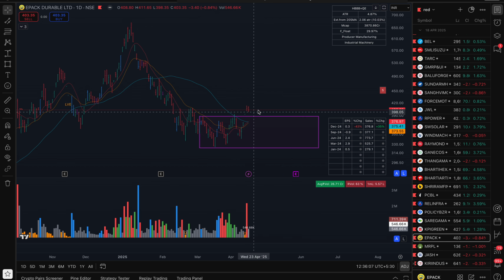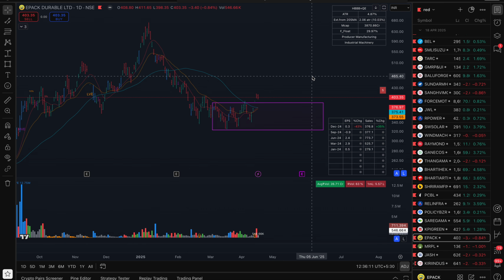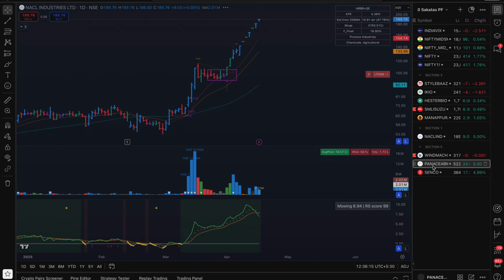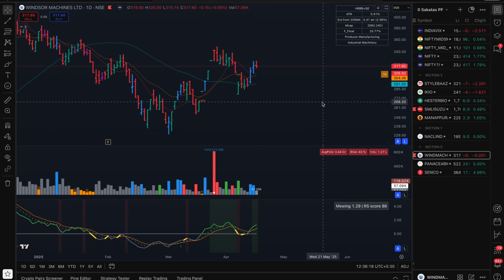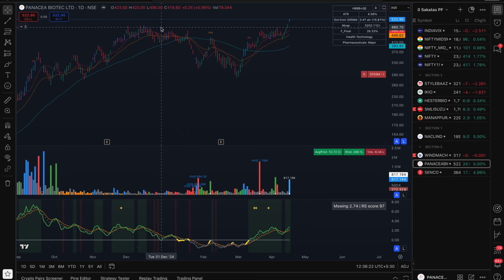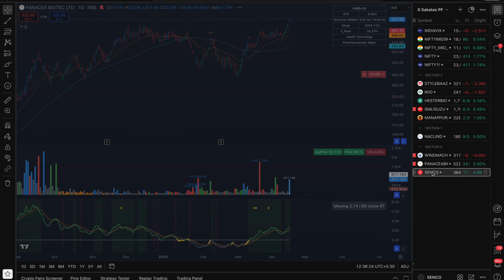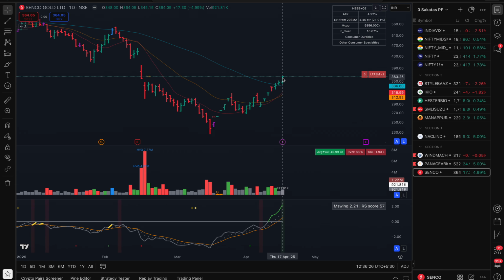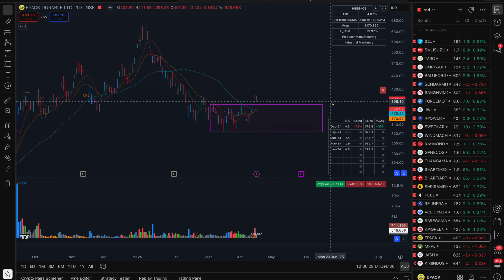Any breakout of this tight area, which probably is going to lengthen, is good. There are other examples like this which have worked. So say Panacea was at O'Neill pivot, but say Senko, very similar to that. So EPAC can do that.